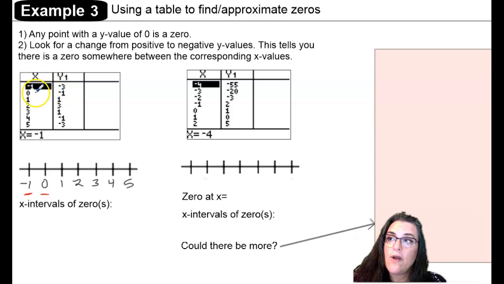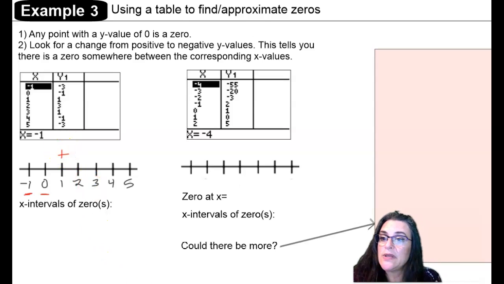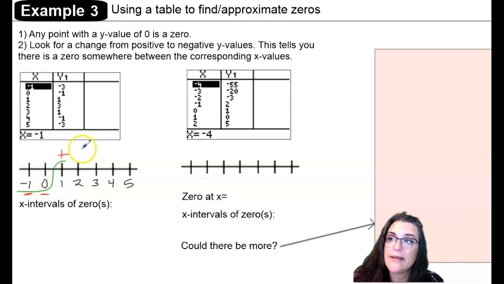Now when I go from 0 to 1 with x, my y's change from negative to positive. And so we can see there as I trace through here, in order for it to go from negative to positive, there had to be a 0 in between there, right? An x-intercept had to occur for the y values to change sign like that.